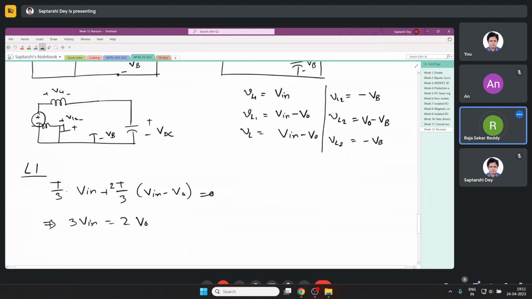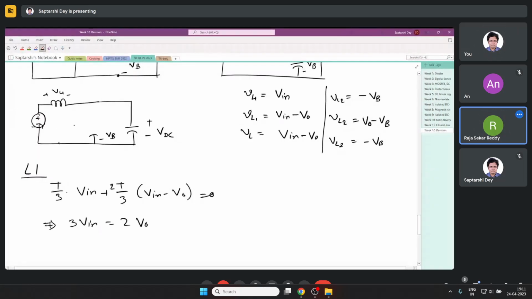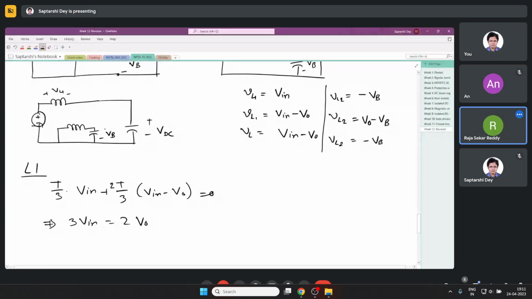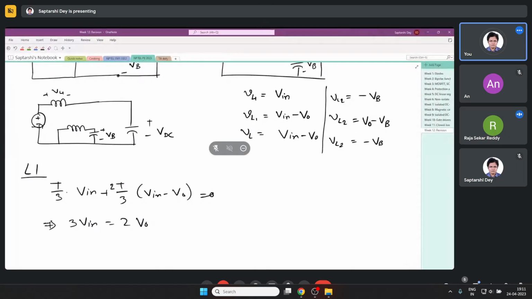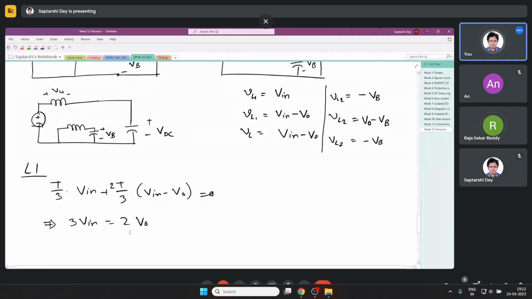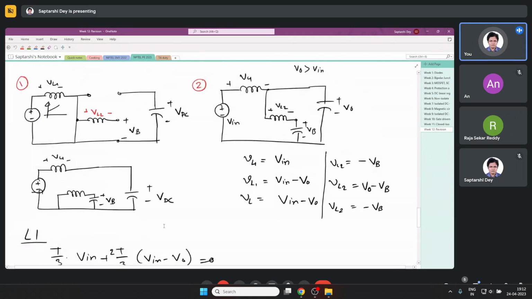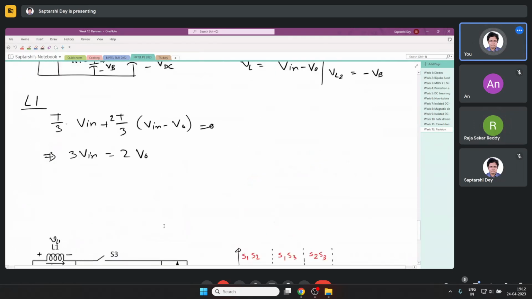What happened here? Is it correct? 3 V in equals V naught. Hey, what is V naught?